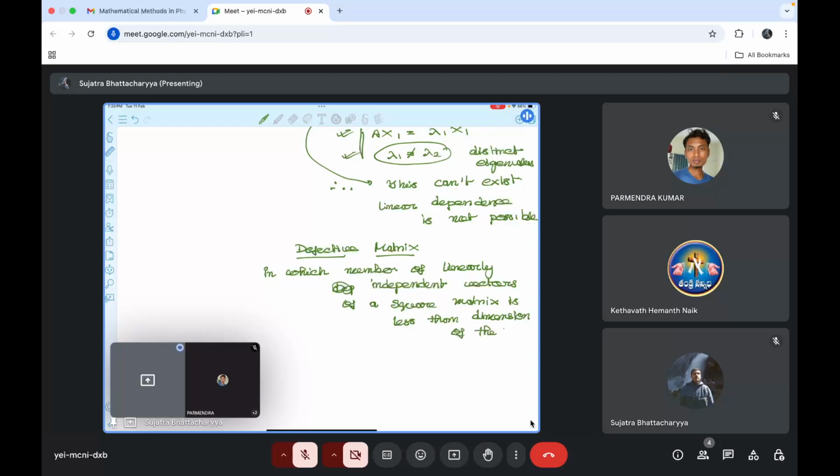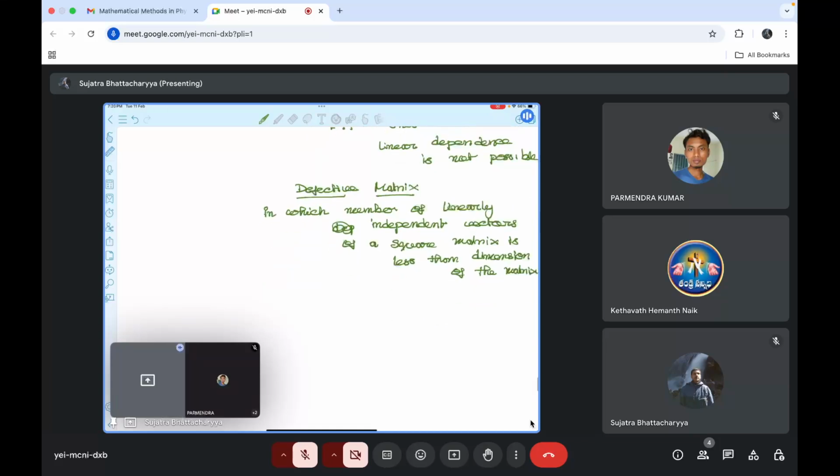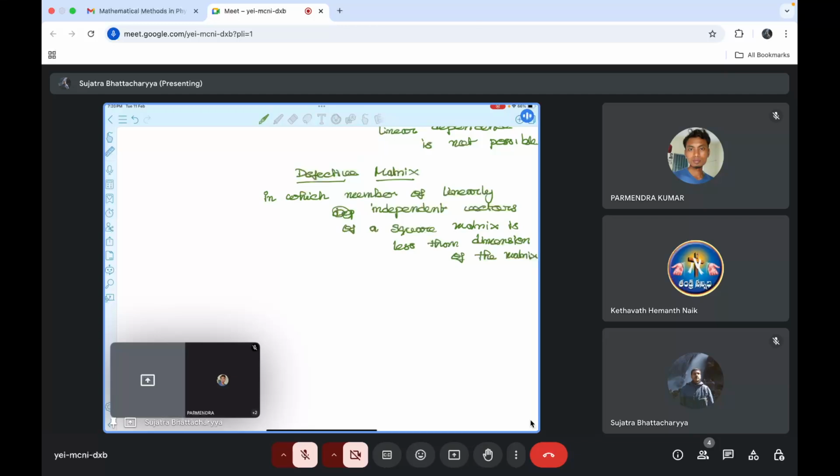So whatever example we will see today as a question, we will take the lowest dimension matrix, like a 2 by 2 matrix, because these are easy to solve. You can always solve the 3 by 3 matrix and perform the inverse operations and all. Okay.